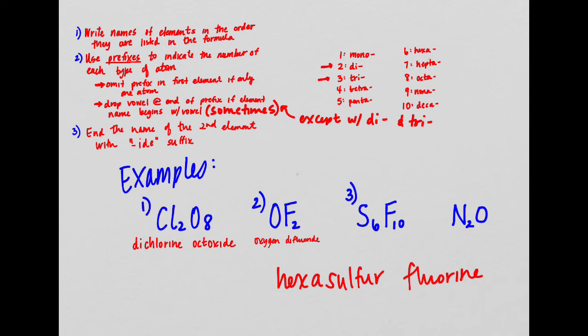And I have 10 fluorines. So that's going to be decafluorine, but it's not going to be decafluorine. It's going to be decafluoride. So I erase that, and I'm going to say hexasulfur, and I'm writing it under here, decafluoride, so I can fit it here.